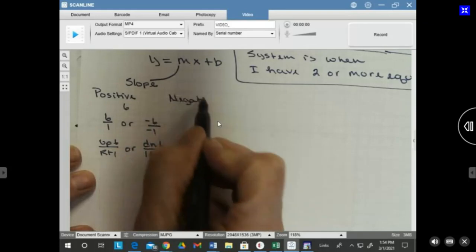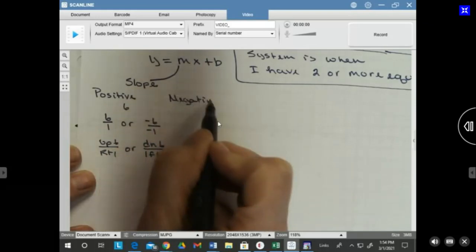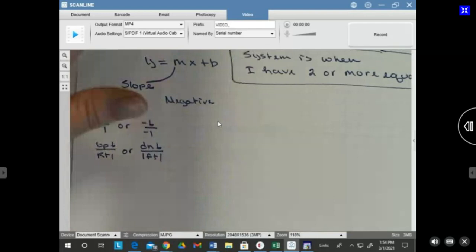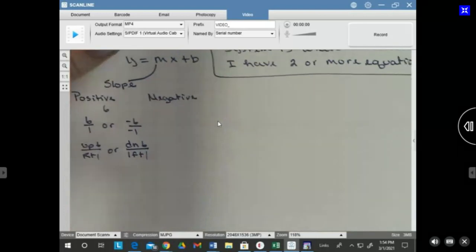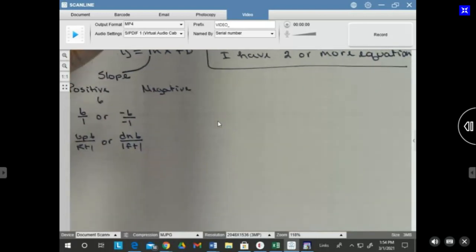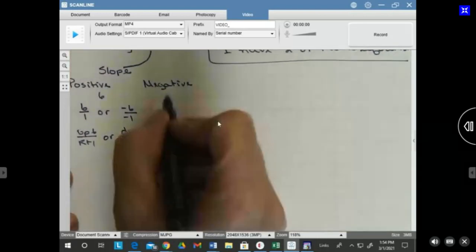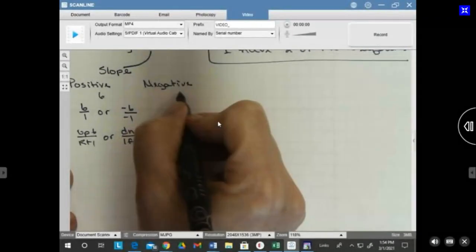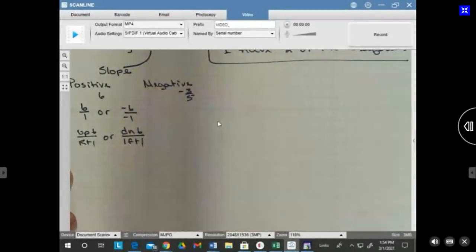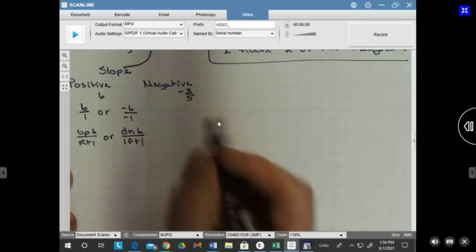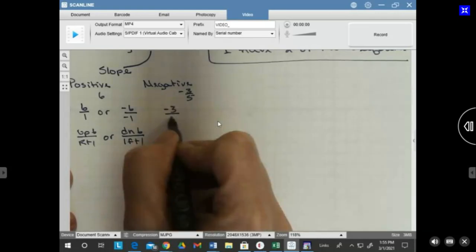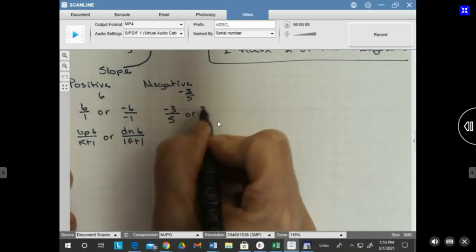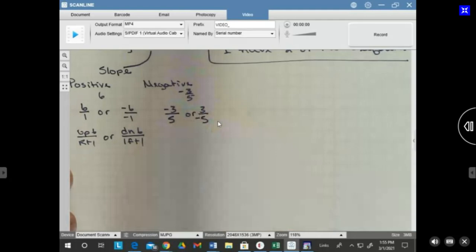What if it's a negative slope? I need a negative slope. Somebody give me a negative one. Negative 3 over 5. All right. So if I have a negative 3/5, that means I'm going to have negative 3 over positive 5 or 3 over negative 5, right?